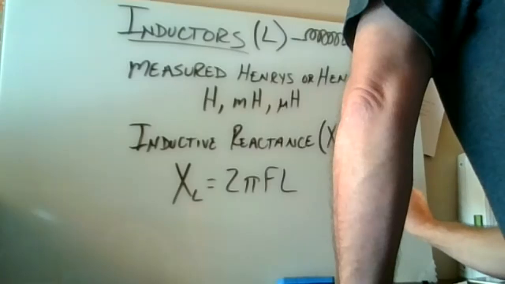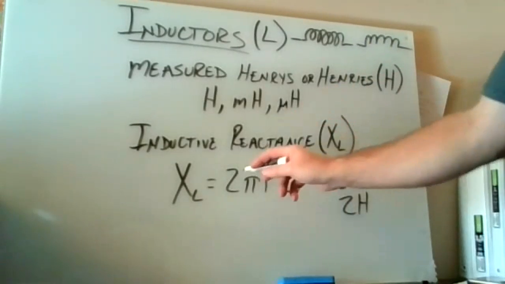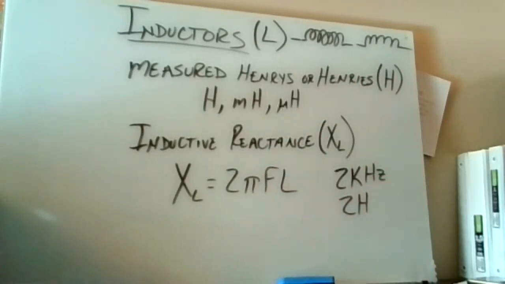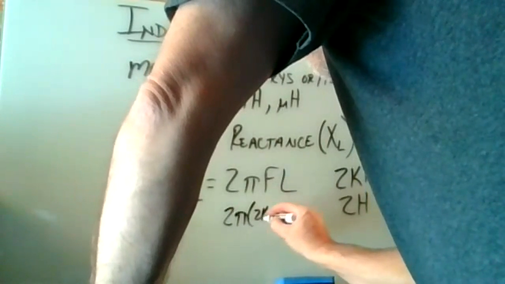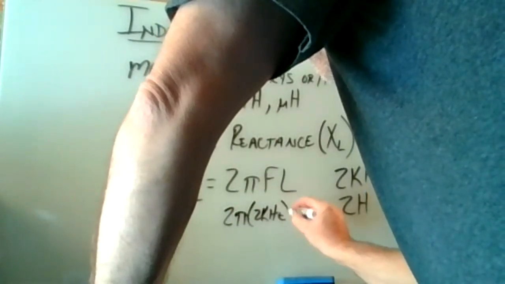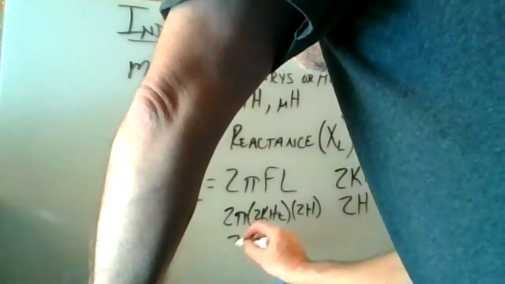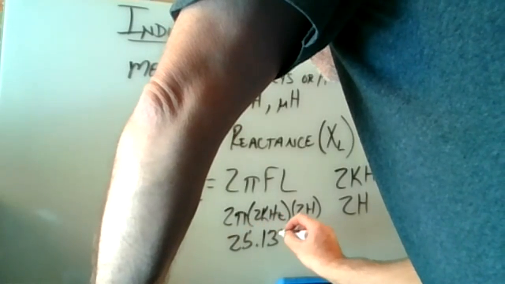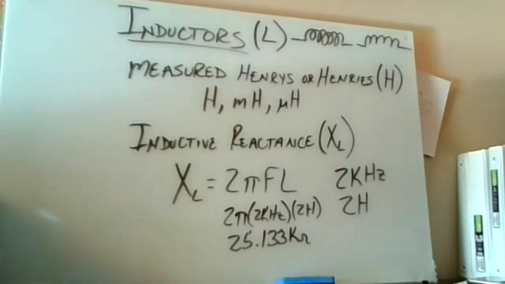And let's say I got a 2 henry inductor. I just do 2 pi times 2K hertz times 2 henrys, and I would get 25.133 K ohms. But it's AC.